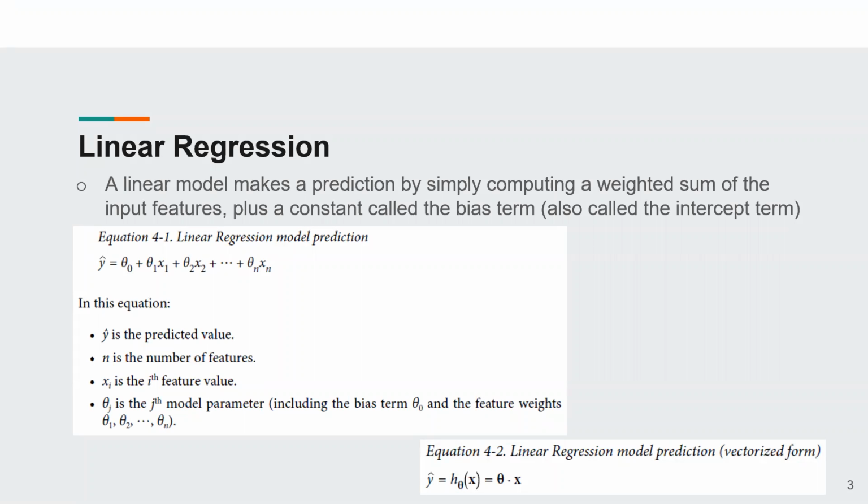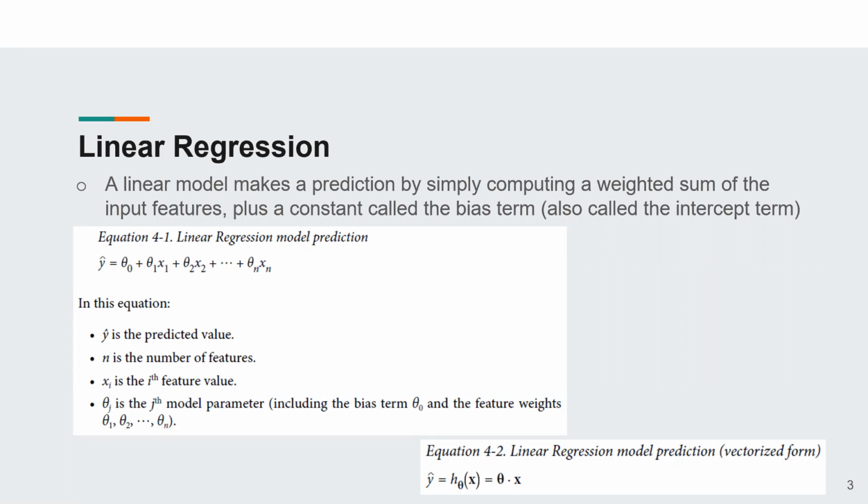Let's quickly review what is a linear regression. So now you should be very familiar with this function form. That is, you use a linear model to predict the y value based on different features of x1 all the way to xn with parameters of theta 0, theta 1, all the way to theta n.